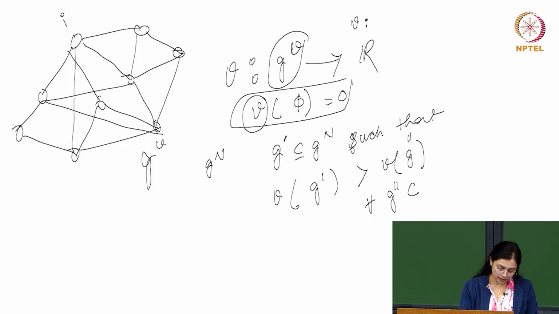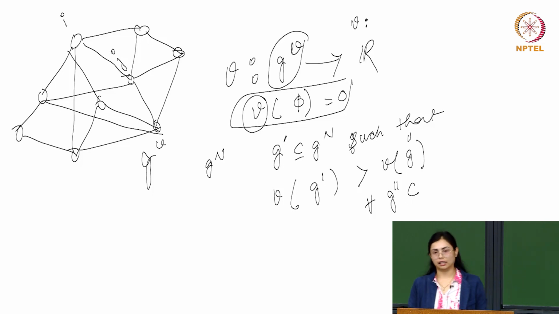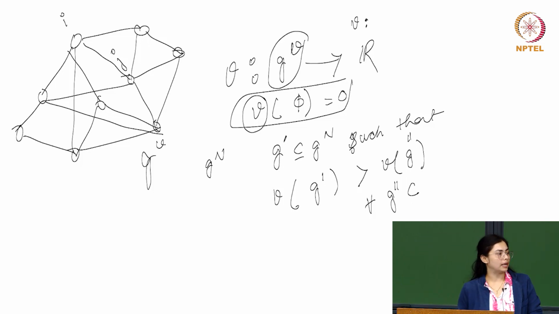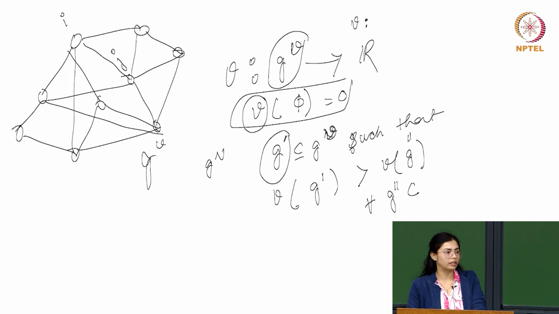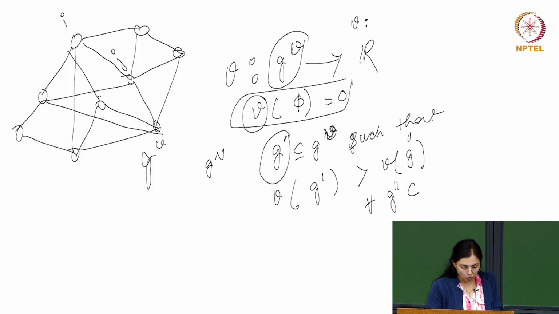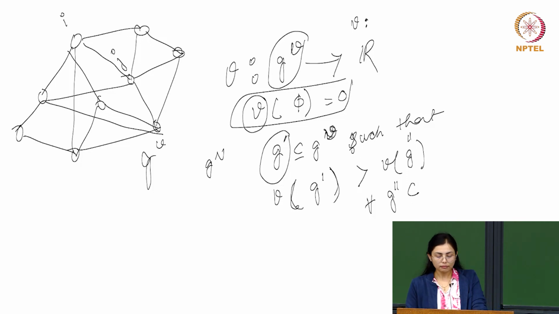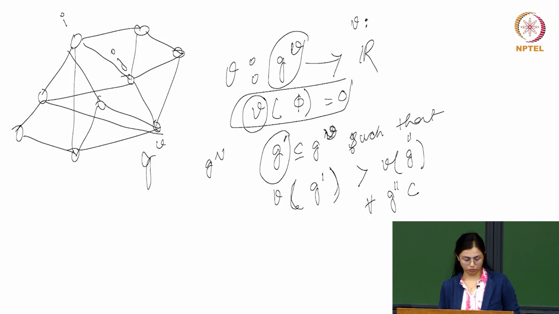Suppose I and J share a link, but that link might not be generating that much. So we have to find a subnetwork of ZV such that the worth, or that function, is more than for any other subnetwork. We call this an efficient network. This is a mathematical definition I am just giving you, but when I talk about it more, it will be clear to you.